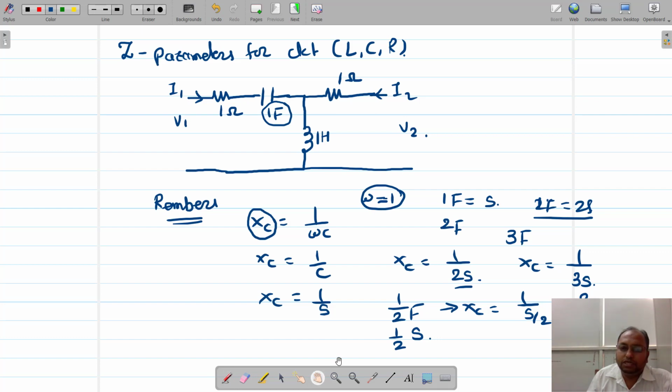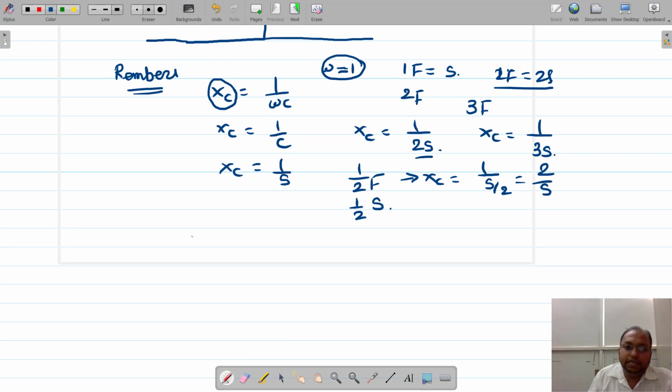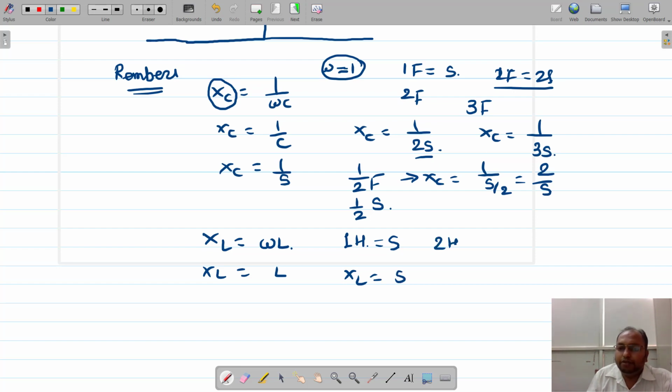Okay, so this is related to the capacitor, and we know that XL is also there, which is nothing but omega L. Again, let us say omega is 1. Now if 1 henry is there, you are going to represent it as S. So XL is equal to S. If it is 2 henry, what will it be?